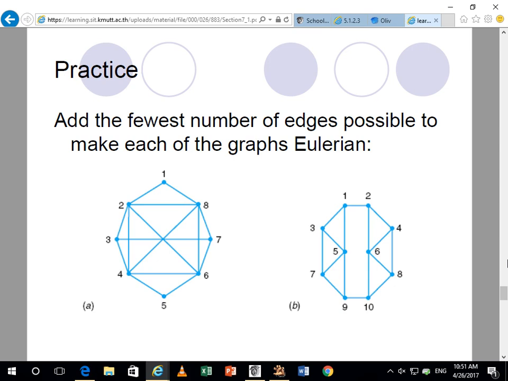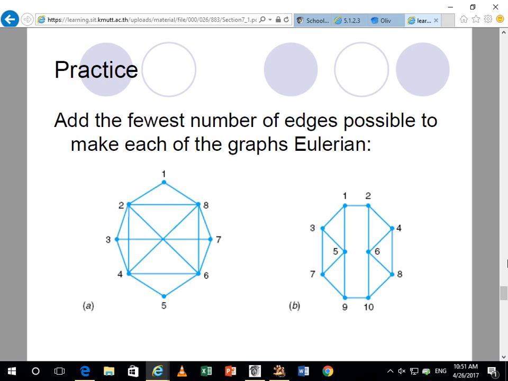So to make this into an Euler circuit, for example, we can add one edge here. So now they're all even. So we add 2 edges, then this becomes an Euler circuit.